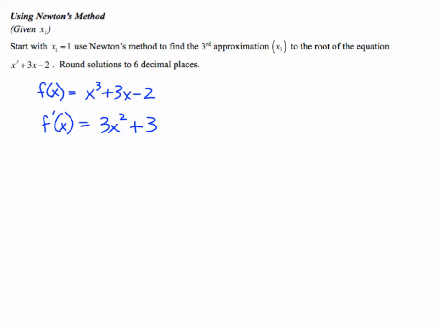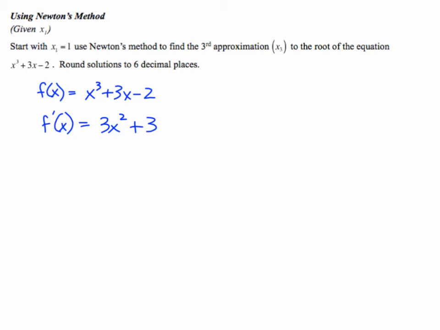So I have the function x cubed plus 3x minus 2, and taking the derivative of that, it equals 3x squared plus 3. Now using Newton's method, I have the first term. The first term equals 1, so I need to find x2.